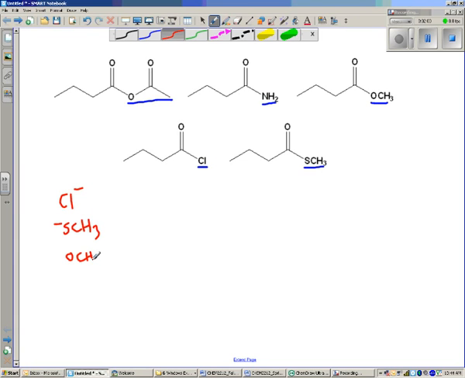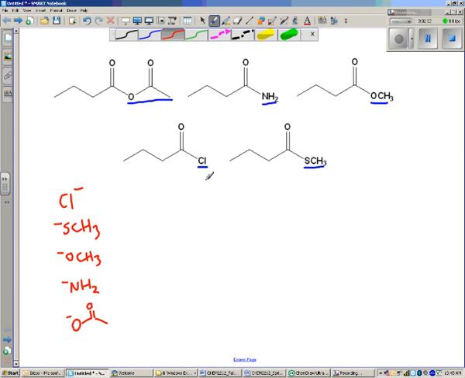OCH3 would give you a leaving group that would look like OCH3 minus. With the amide, you get a leaving group that looks like NH2 minus. And then with the last one, the anhydride, when that group comes off, you get something that looks like this. The oxygen's a little big, but still.